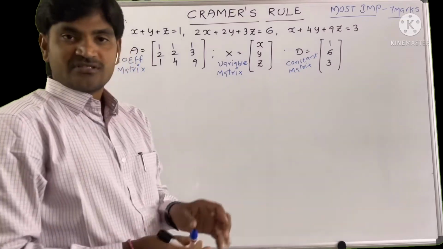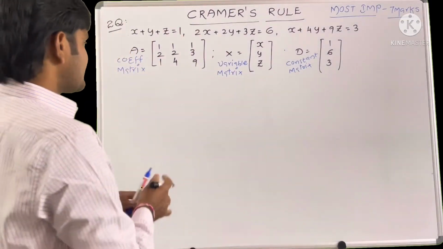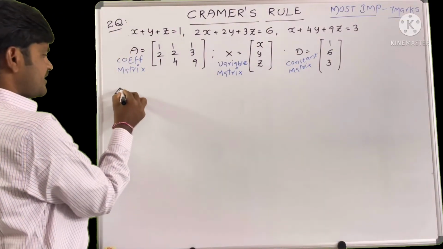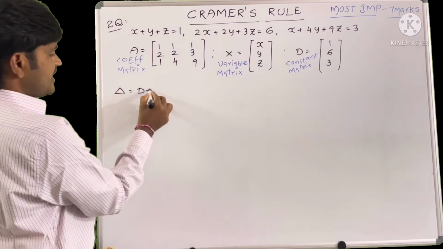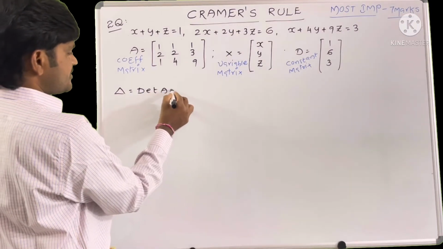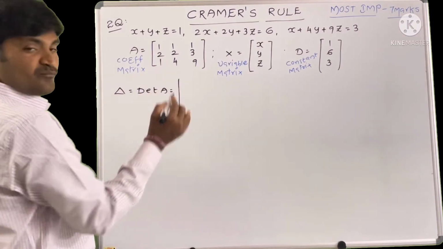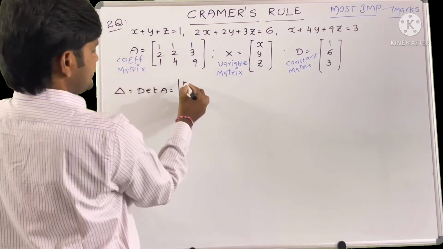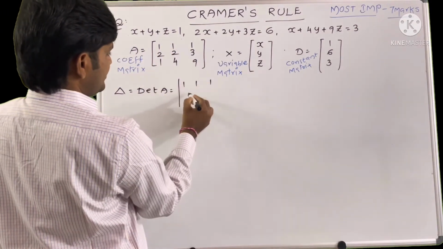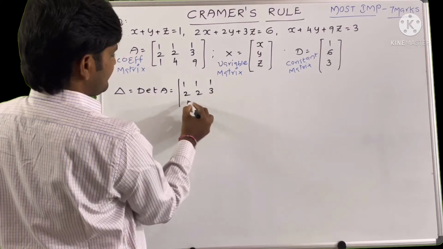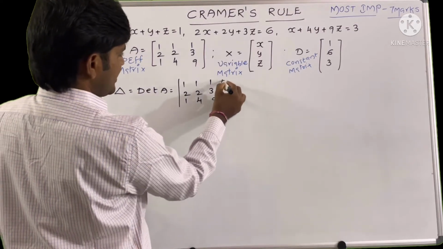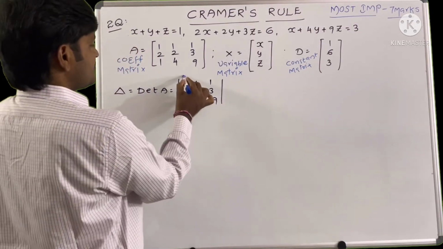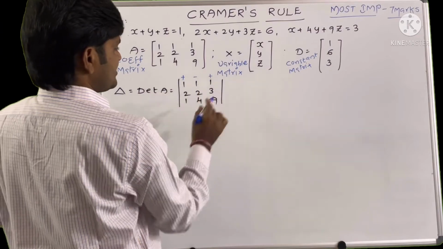So again we start our game. First of all we find delta value. Delta value means det A, and these are all A: 1, 1, 1, 2, 2, 3, 1, 4, 9. Now the symbols are plus, minus, plus.